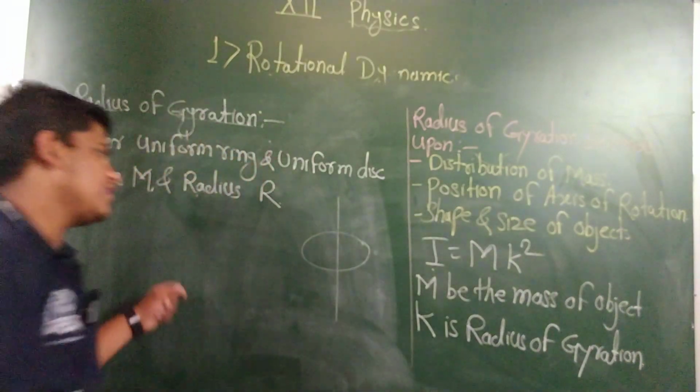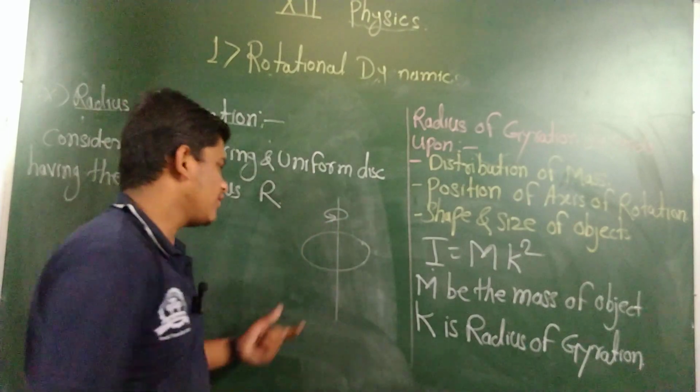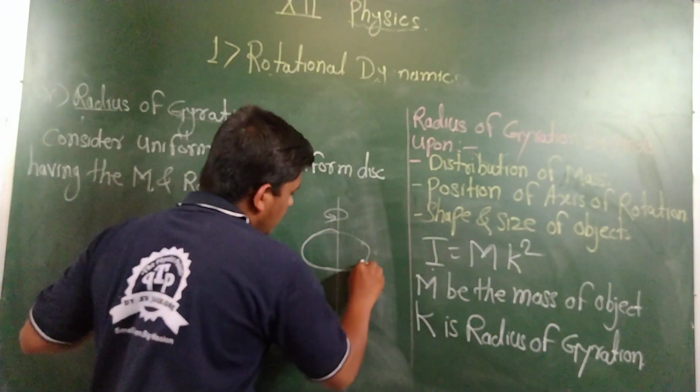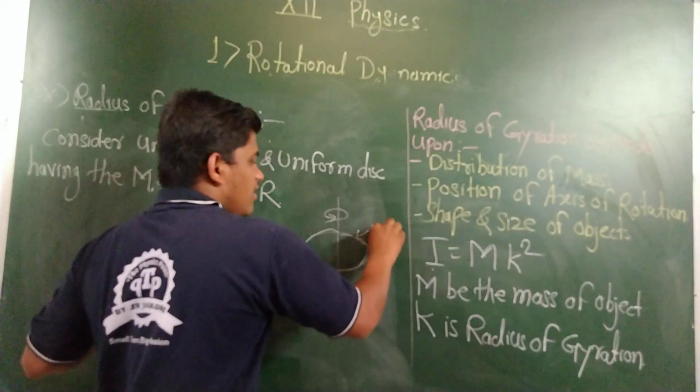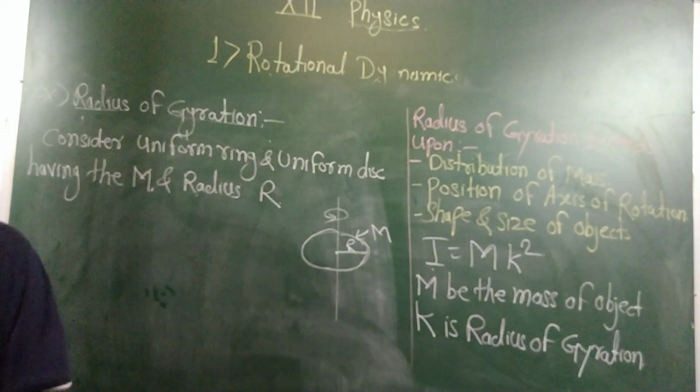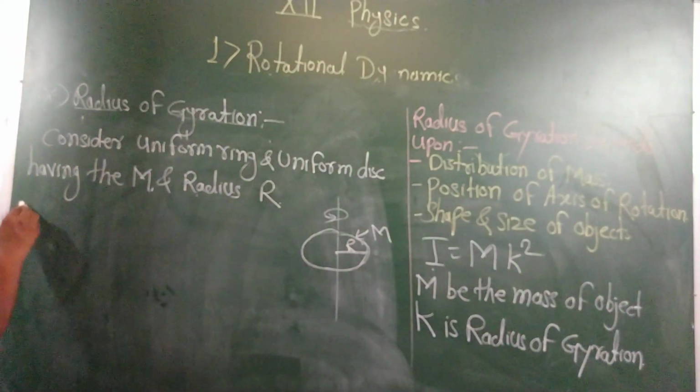This is our ring, and this is the axis of rotation. The mass of the whole uniform ring is capital M and this distance is capital R.